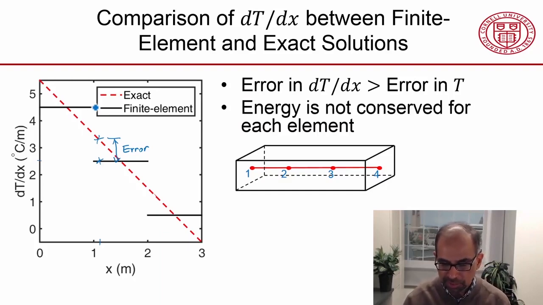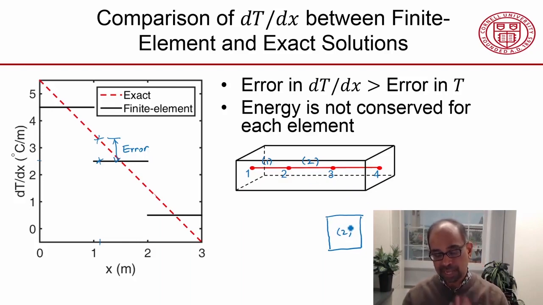And from this, we can deduce that energy is not conserved for each element, and that's an important point. To see that, let's take a look at a couple of elements. So let's say this is element 1, this is element 2, and I draw a two-dimensional view of element 2, so I'm not showing the dimension perpendicular to the screen.